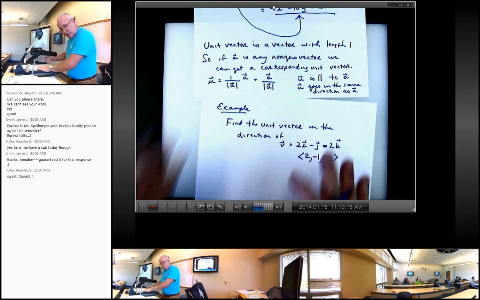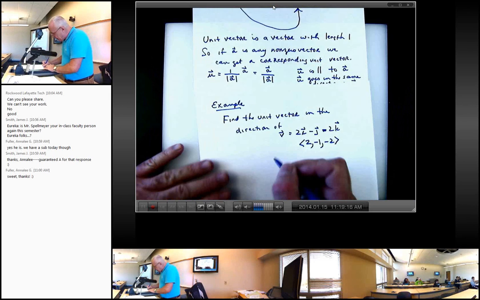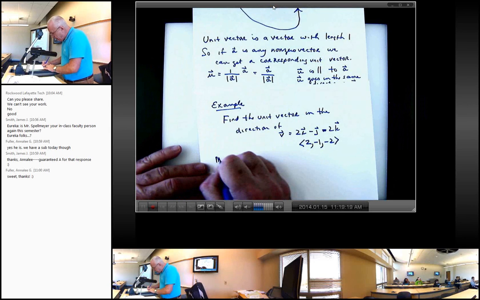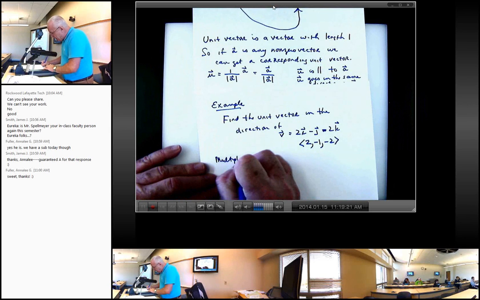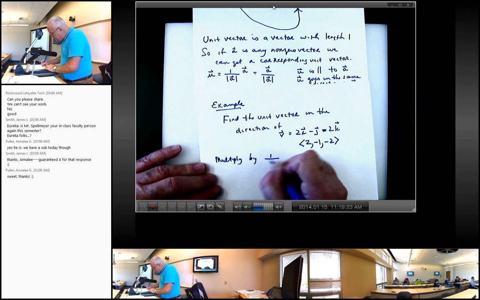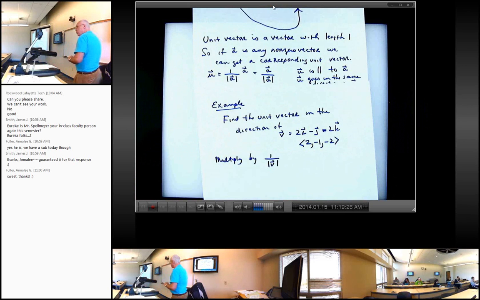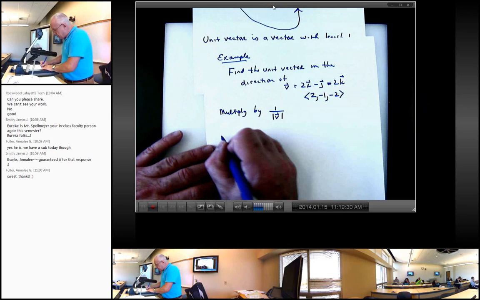So what we do here is we have to multiply by 1 over the length of the vector to do this. So let's find the length of the vector so that we can do that.